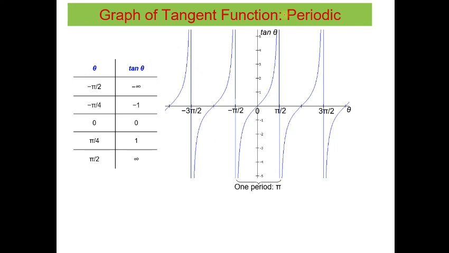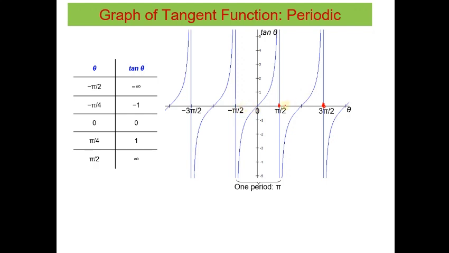So when you draw it, you see that at negative pi over 2, the graph is asymptotic to this axis. And the same thing applies to positive pi over 2, and then the odd multiples, right? Here you can realize that the same thing is repeating itself after a period of pi, right?